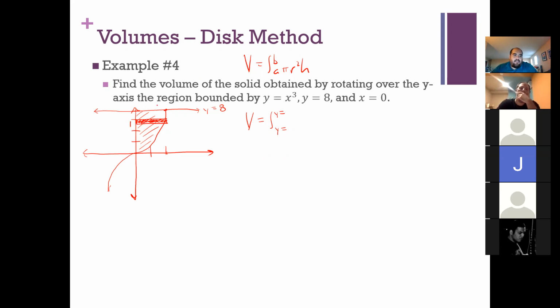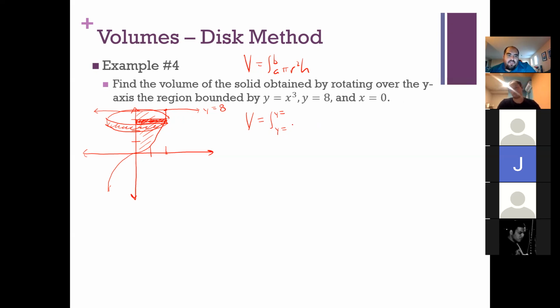I'll label that on the outside, because if I revolve this around the y-axis, that is still a cylinder, but now it's standing straight up as opposed to the ones that are lying on their side on all the previous examples.